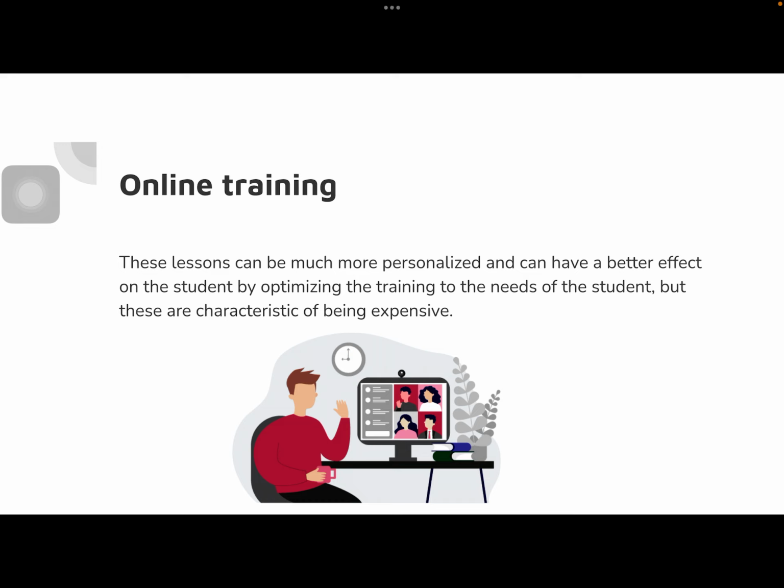Online training. These lessons are much more personalized and can have a better effect on the student by optimizing the training to the needs of the student. But the characteristics of this one are that they tend to be expensive, and they are as simple as having a laptop, an iPad, or a phone, being connected to the internet, and taking lessons or doing courses within this device.